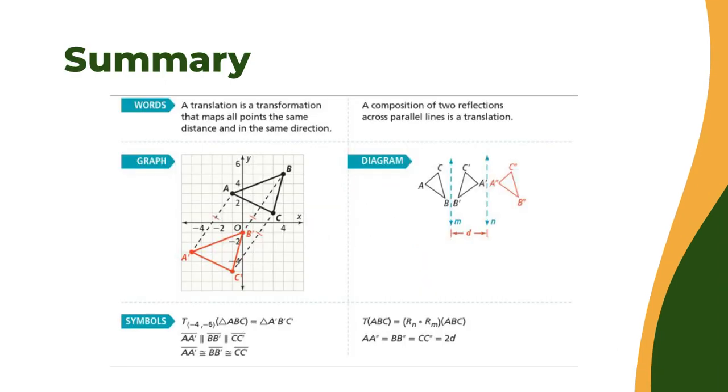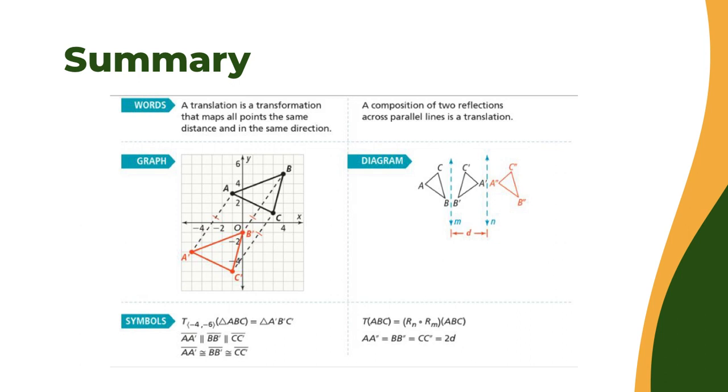Okay, so this is just to sum up. A translation is a transformation that maps all points the same distance and the same direction. You're really just sliding it along a line from one place to another. The line segments that connect the pre-image and the image will all be parallel to each other.